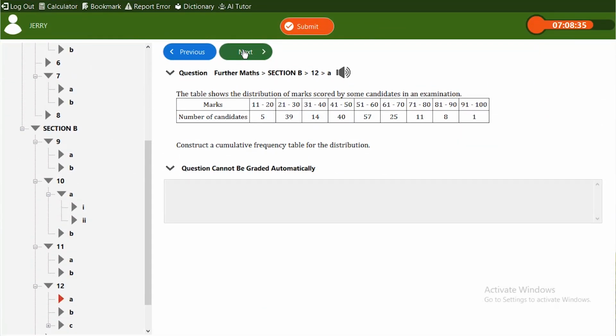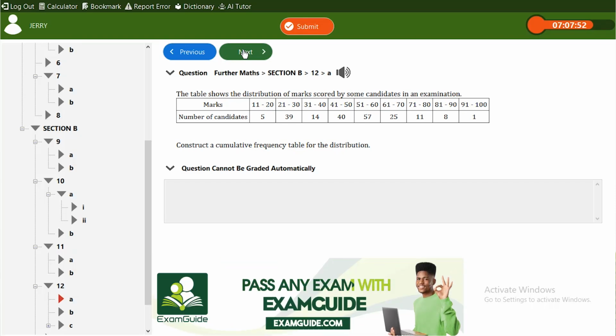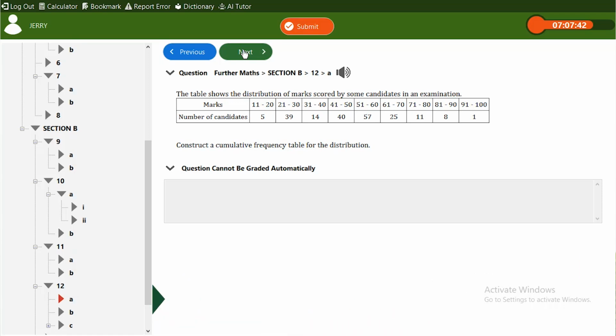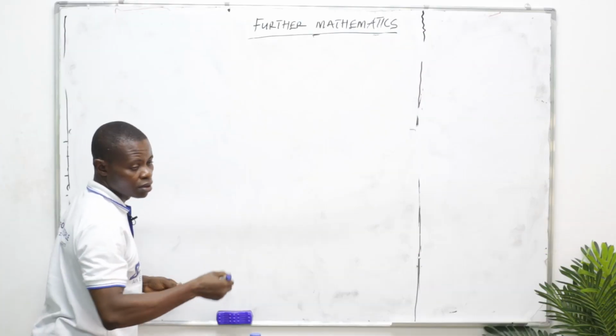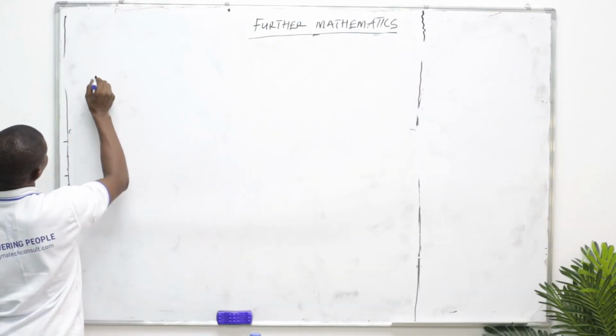This is question number 12. Okay, construct a cumulative frequency table for the distribution. We have max. Let me wipe this line so that it can contain. This is max.